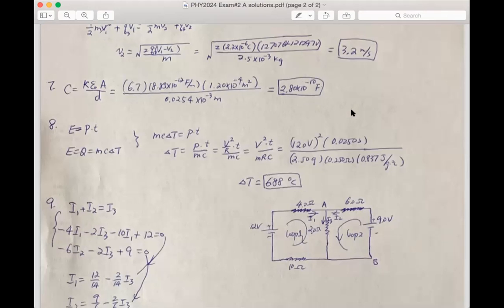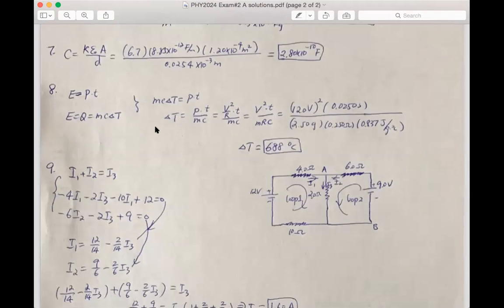Number 8 here, I think we went through this in class. You also got this one in one of your homework problems. There's a short circuit in a very short time period, and it asks what the temperature rise of the material involved is. The electric energy is given by power times t.